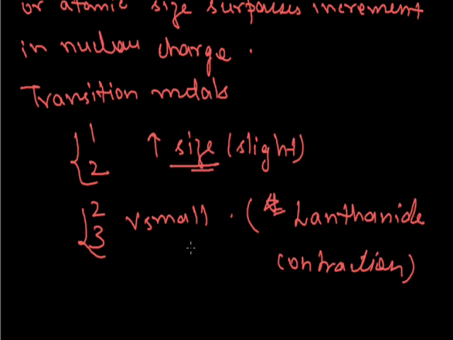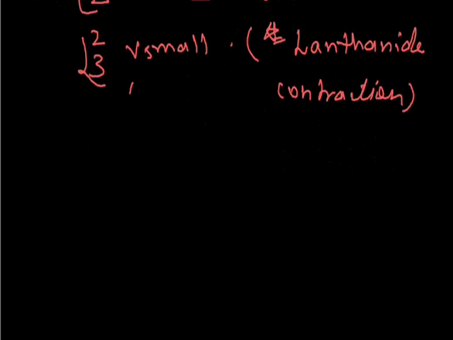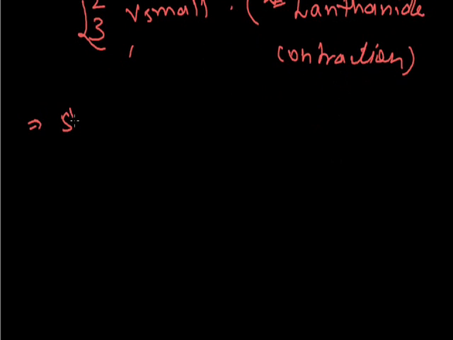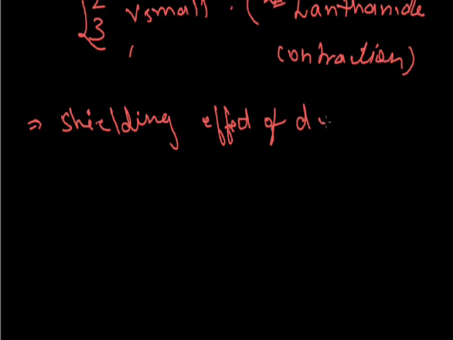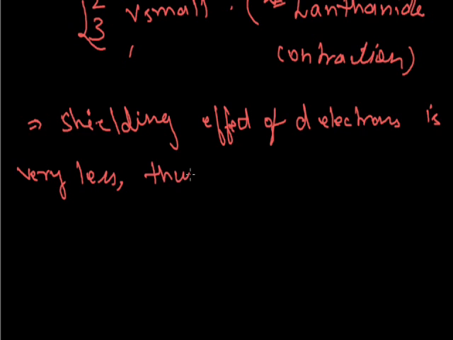Going top to bottom in transition metals, the nuclear charge increases, but the shielding effect of d electrons is very less. Thus, there is less shielding effect and the increment in nuclear charge is always there.